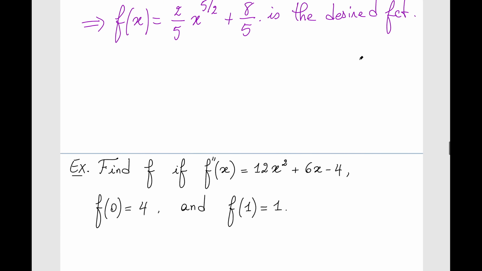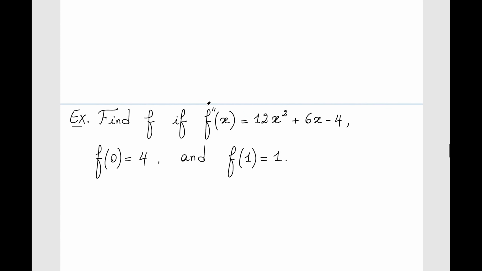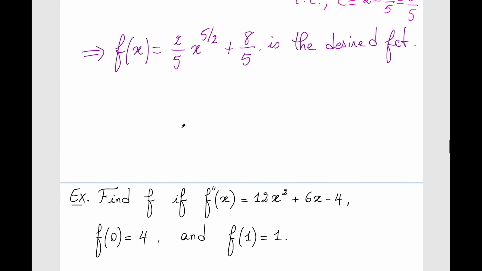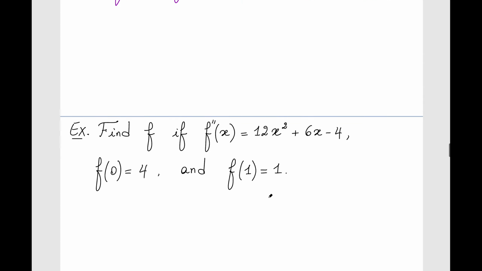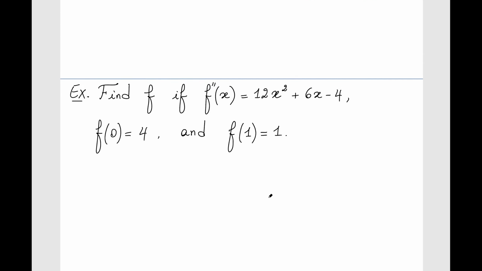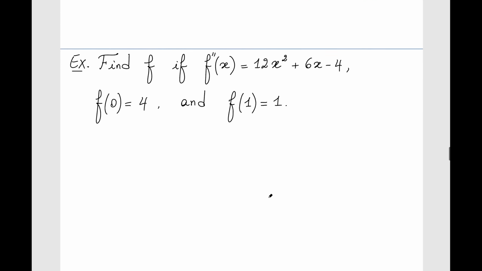Over here, we're differentiating twice. So how many times are we going to integrate? Twice. And each time we integrate, we're going to come up with a constant. That's going to give us one of the two constants, and that's going to give us the other. I'm just telling you the philosophy of the problem up to this point, no details.